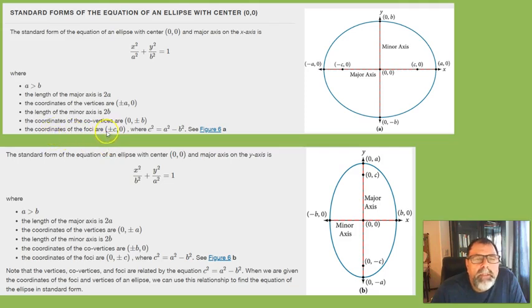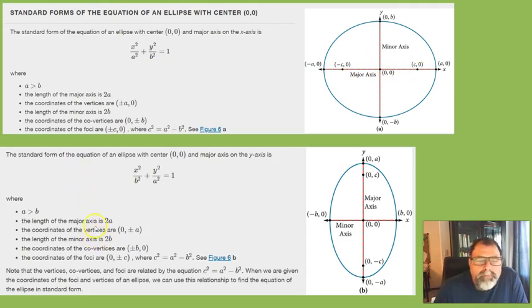And then the foci are plus or minus c, and where you get c is you subtract these two numbers, a squared minus b squared, and then take the square root of that difference, and that gives you the length of c. So if a squared was, say, 36 and b squared was 25, 36 minus 25 would be 11, and the square root of that would be c, and that's how you figure out where the foci are.